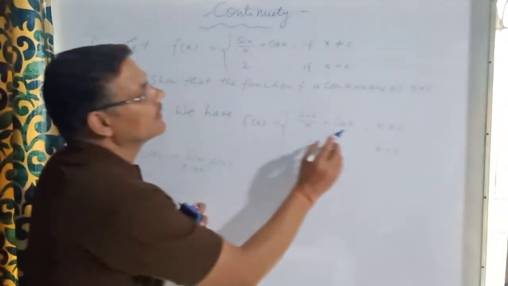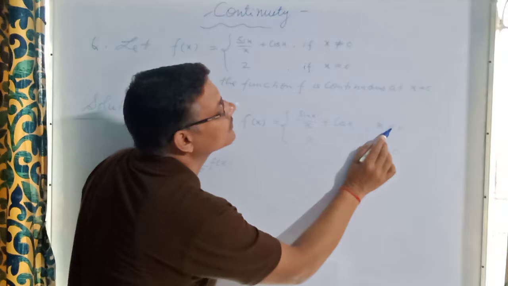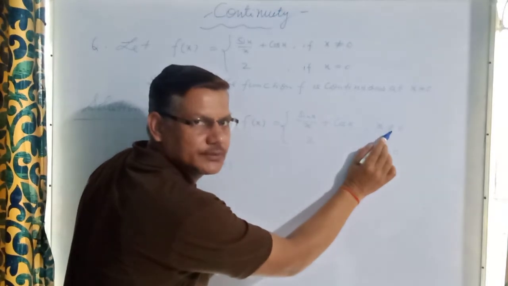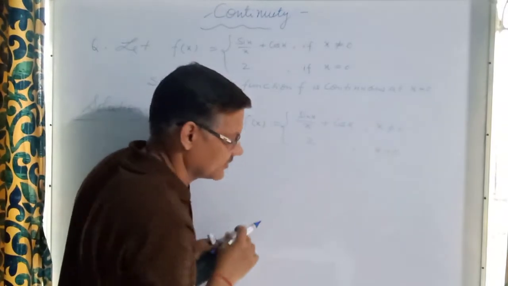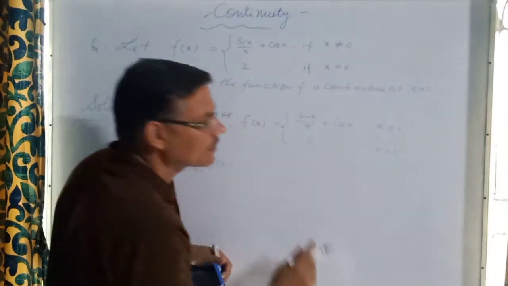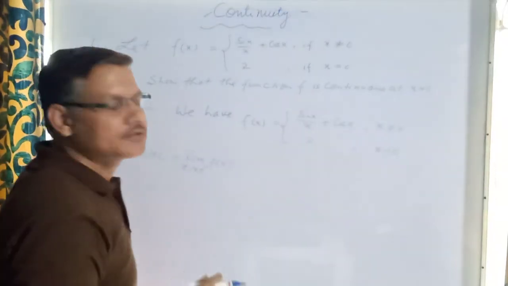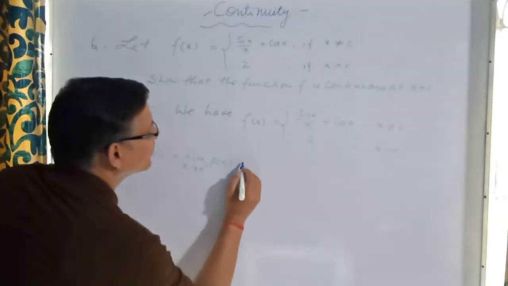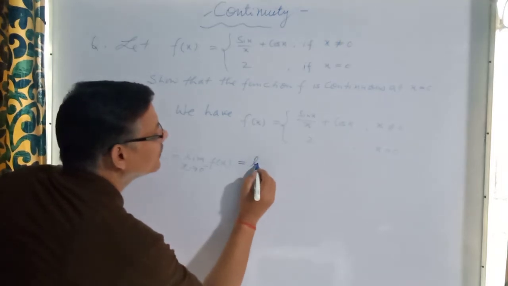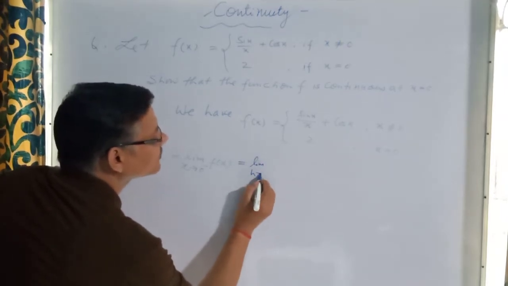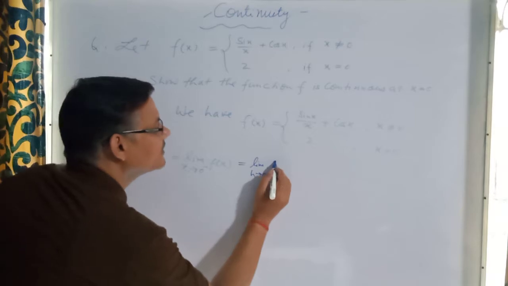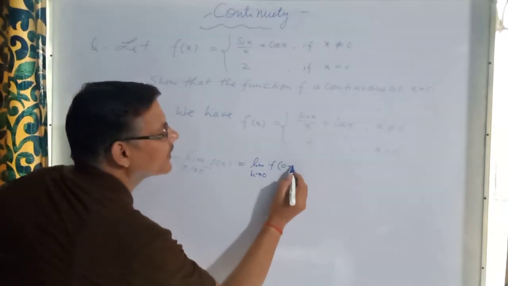So in this case, the function is not characterized for more than 0 and less than 0. It is only given for not equal to 0, so we are supposed to use h. So here I write it is equal to limit h tends to 0, and there is a change in x to 0 minus h.